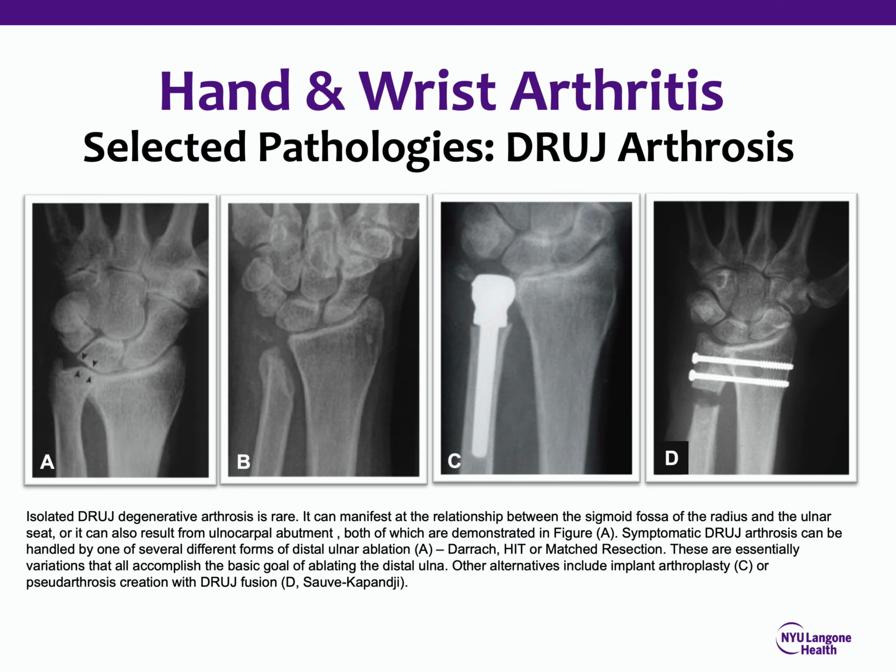So that might be the thing that tips you off, that they want you to support the ulnar column with a procedure like a Sauve-Kapandji. So just consider it in your armamentarium and be knowledgeable that the patient will then get their pronosupination from the pseudoarthrosis creation.